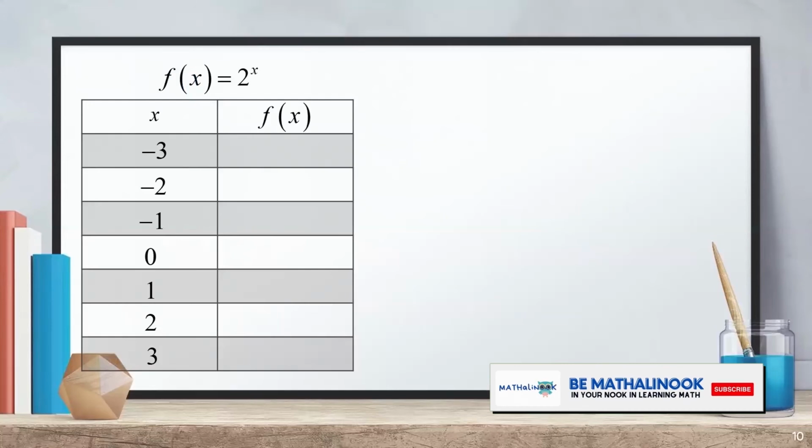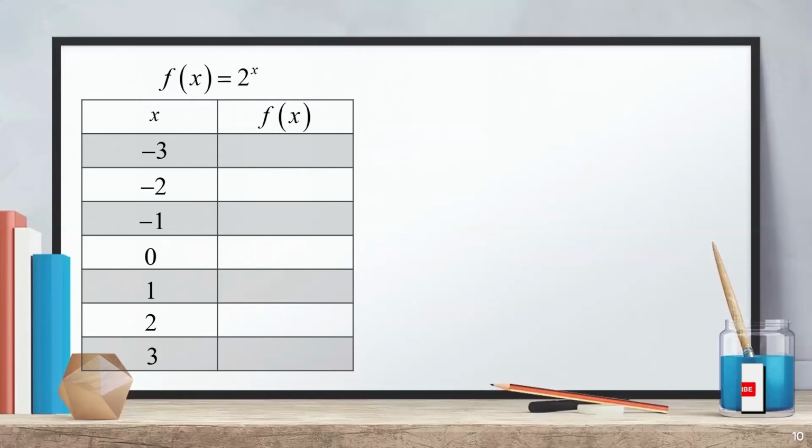Let us now discuss the graph of an exponential function. In graphing such a function, it will be very helpful to make a table of values and plot the resulting points on a Cartesian plane. For instance, consider the exponential function f of x equals 2 raised to x. Given some values of x, let us solve for the values of f of x or y.